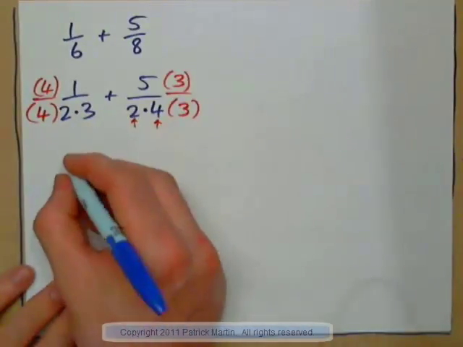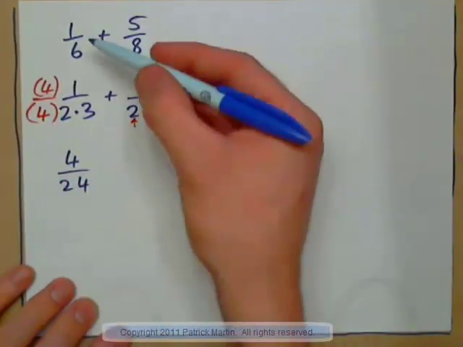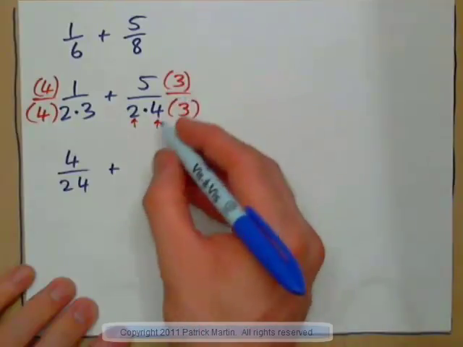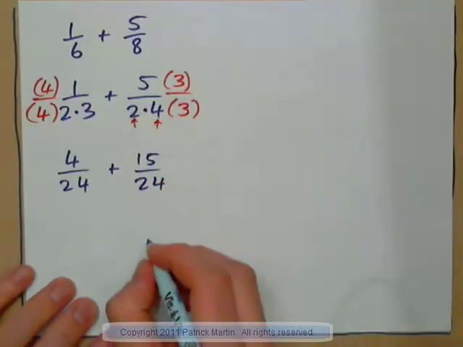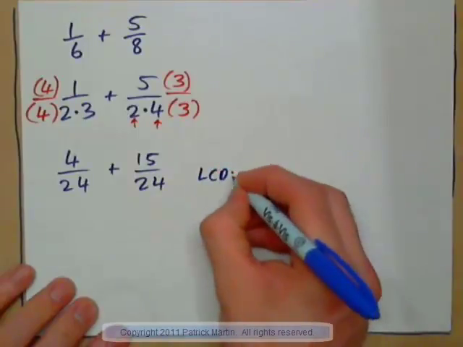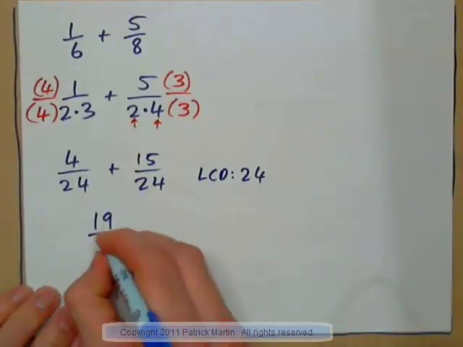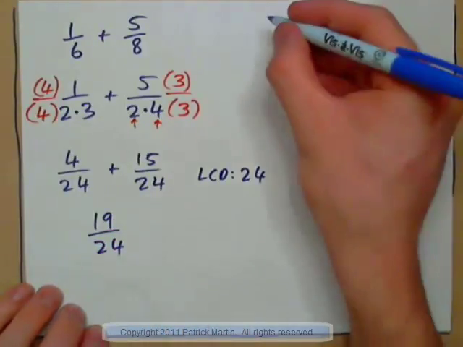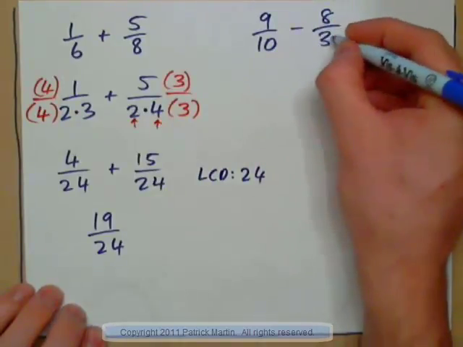And now we've got 4 over 8 times 3, 4/24ths. So 1/6 became 4/24ths. 5/8 became 5 times 3, 15, and that's 24. And of course the lowest common denominator here is 24. 4 plus 15 is 19, so 19/24ths.